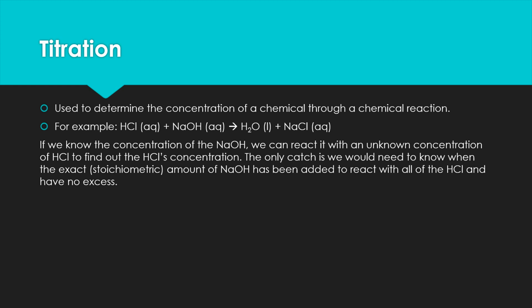So if we're reacting, say, 0.5 moles of NaOH, to have that perfect amount, we would want an equal quantity of HCl based on the balanced reaction. We can see the coefficients are 1 to 1, so we would need equal moles of each chemical. So we need to know when to stop our reaction, when to quit adding NaOH, and that's done through titration.